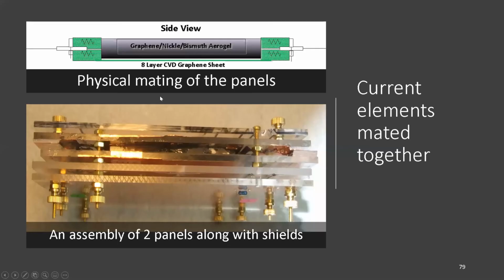So what we would do, from the side view, is mate these two together. We would have this aerogel block here, and then our thin graphene sheet here. Then we'd have directional composites powering them, and then the copper pads here, and that would isolate these from our sources and our copper.